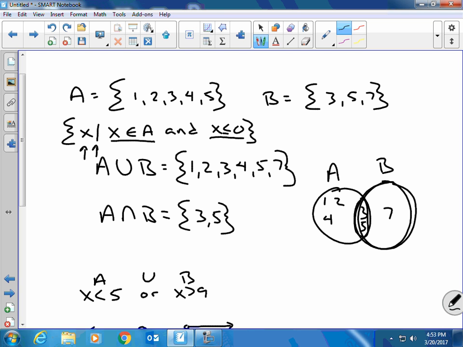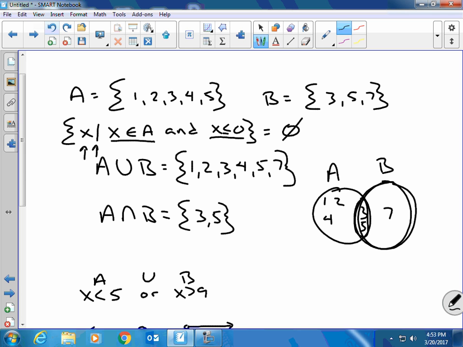That little bar right there means such that. So we want it to be a member of A and less than 0. That is not possible. Answer, the empty set. The empty set is a subset of every set.